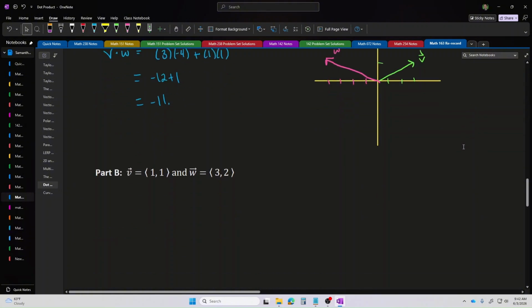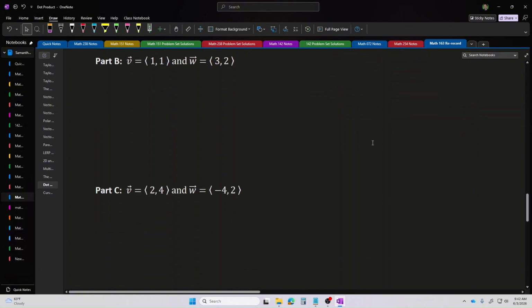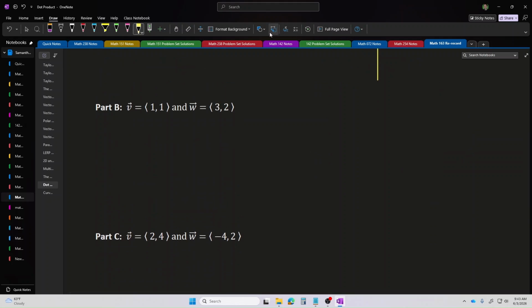Let's change things up. Let's change our v vector to 1, comma 1, and our w vector to 3, comma 2. If I now graph these two vectors, I can see that both are pointing into the first quadrant.